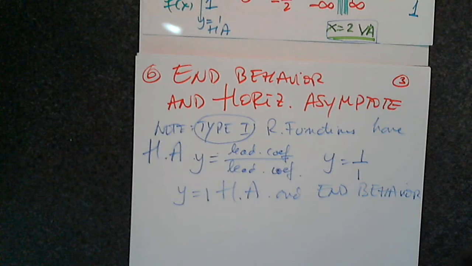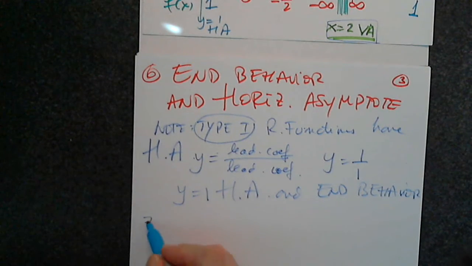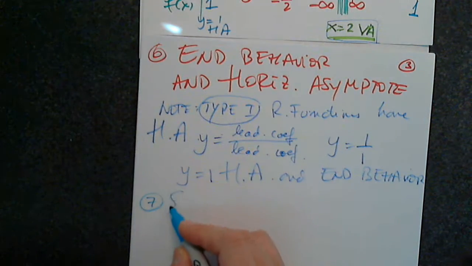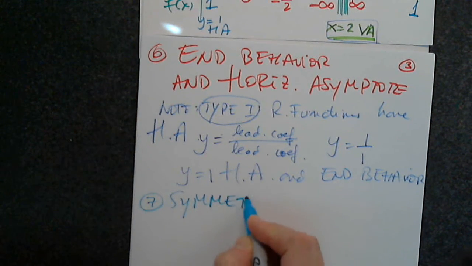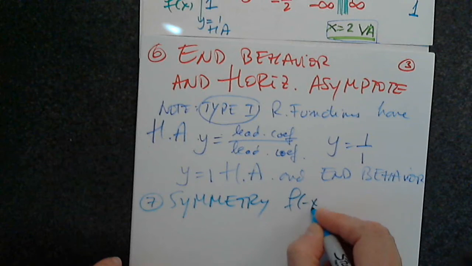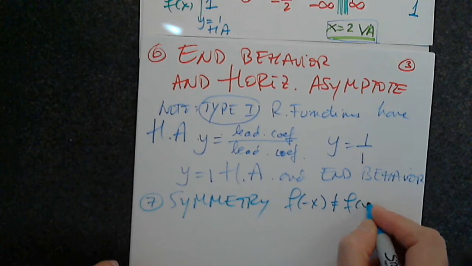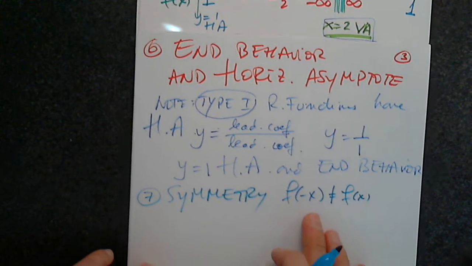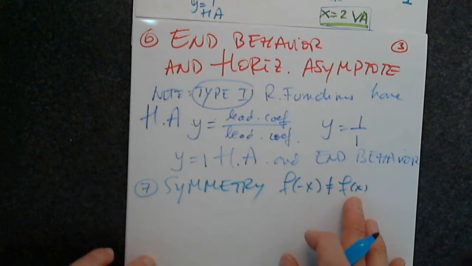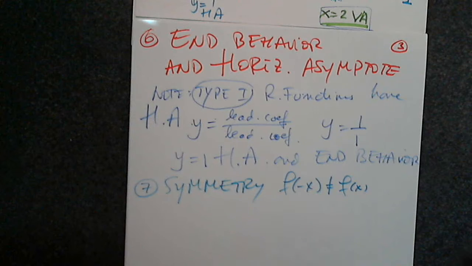The only one item that I did not mention here is symmetry. The function has a horizontal asymptote at 1. It will not be symmetric no matter what. But I should write f of negative x does not equal f of x. If f of negative x equals f of x, what is that function?